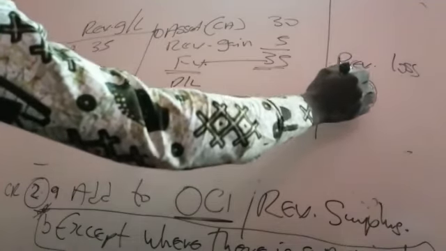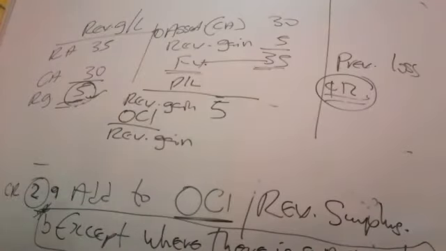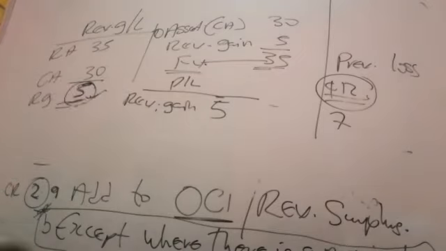What if the loss was, let's say, 12? It means that the gain is 5. Okay, we can offset 5 out of the 12. So we are still left with a loss of 7. Therefore, nothing goes to the OCI because the gain wasn't enough to offset all the loss.